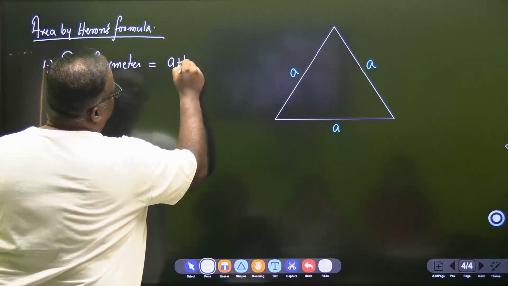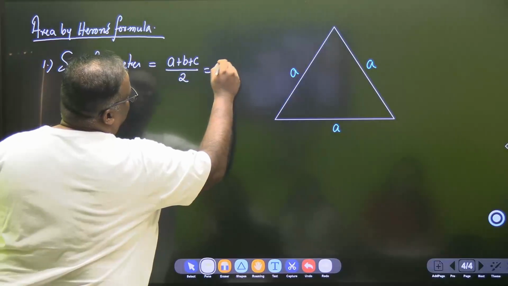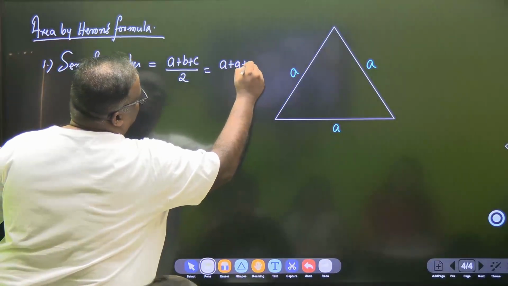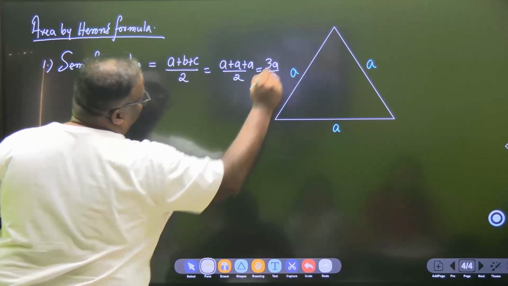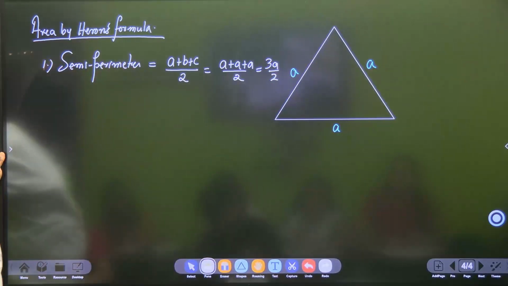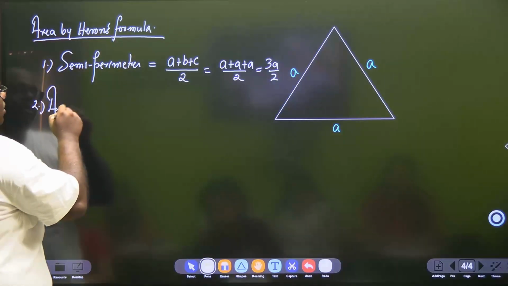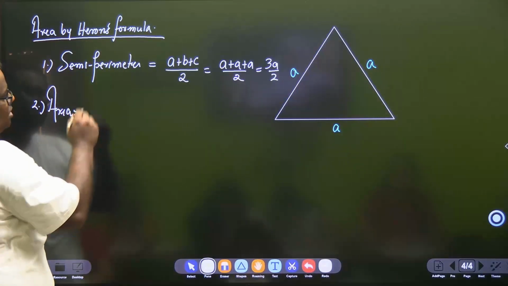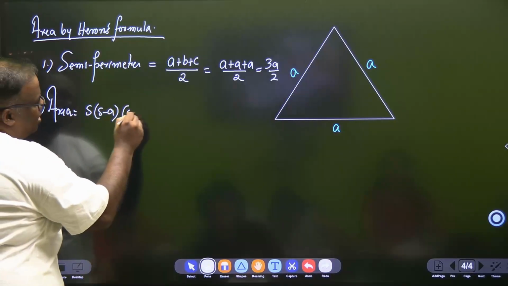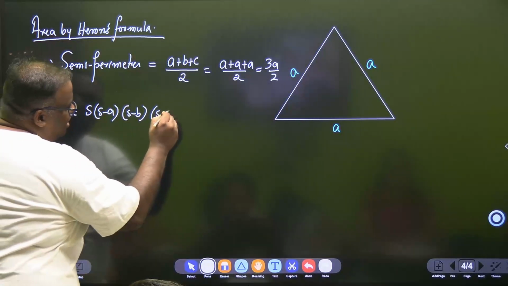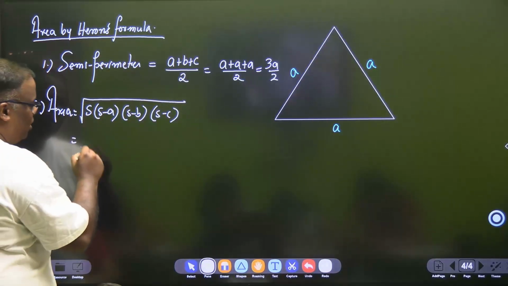Okay, semi-perimeter. The semi-perimeter will be A added with B added with C divided by 2. But in our case, it is A plus A plus A by 2, which is equal to 3A by 2. Do you agree or not? Then our next step comes, that Uncle Heron tells me that the area is root of S into S minus A, S minus B, S minus C. So let's put the values.